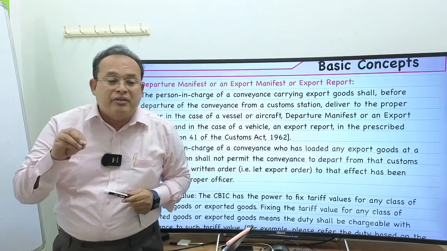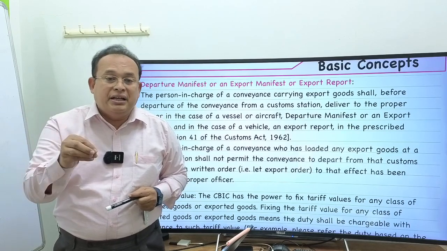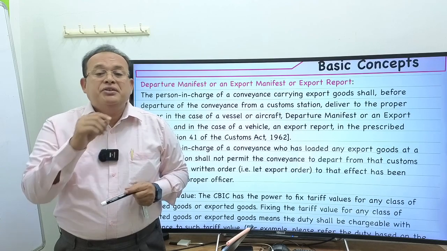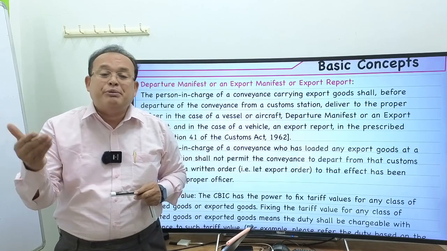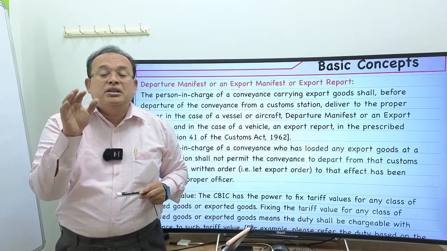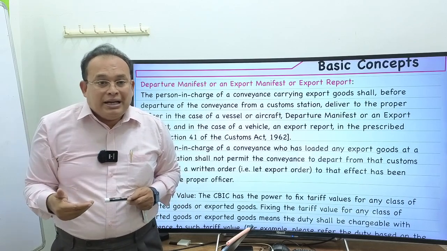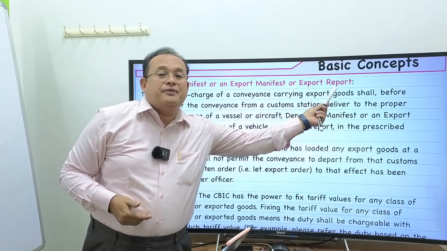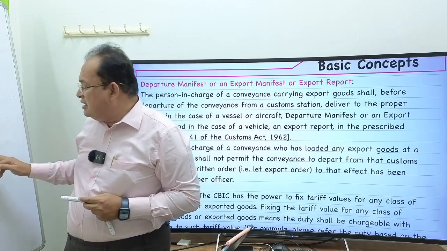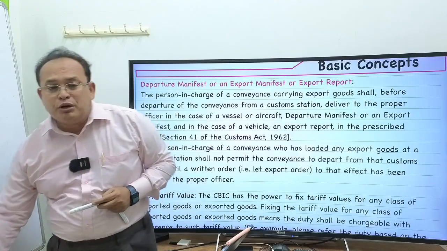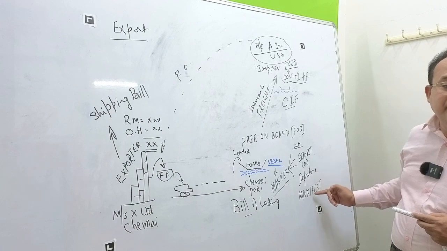When the goods are loaded in the vehicle after obtaining permission from the Department of Customs, the driver will issue consignment notes to various exporters whose goods were permitted to load in the vehicle. The list prepared of those to whom he issued consignment notes is called the export report in case of the land route. In case of sea or air, it is called the export manifest, repeating, export manifest or departure manifest.